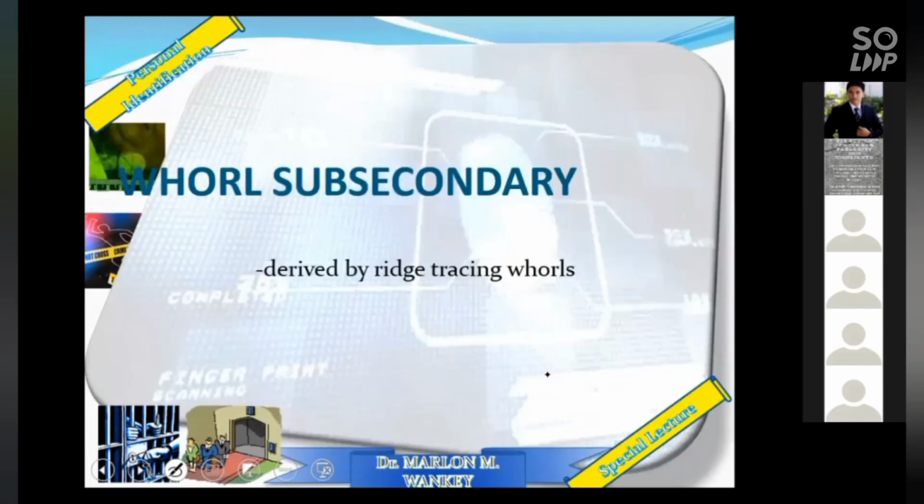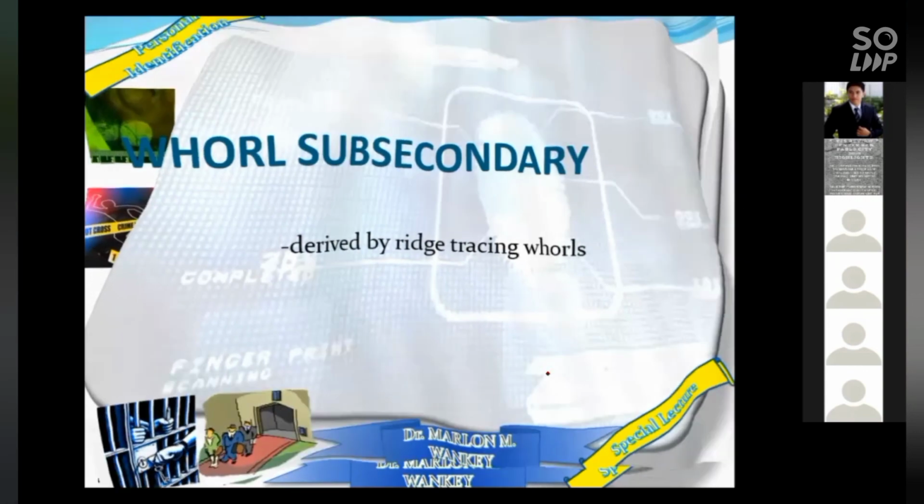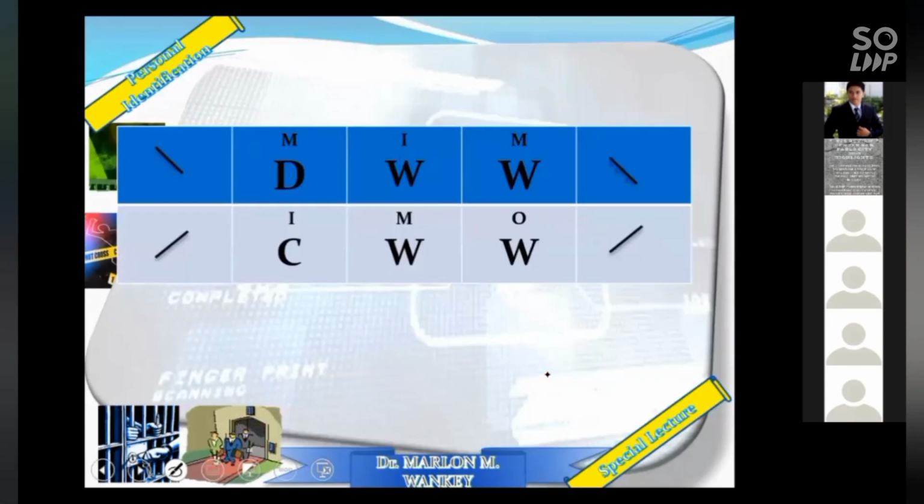So when it is derived from ridge tracing whorls. Okay, paano naman yan? Just give me the secondary classification, subsecondary classification. Yun lang ang ibigay niyong sagot sa akin. Pag hindi nyo pa nakuha ng sagot ng second subsecondary classification, nako.